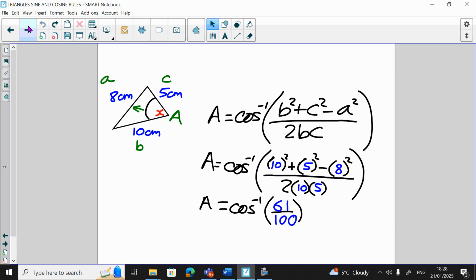That's okay. So at this point here, this is where we go for the calculator. The shift cosine, second function cosine. So as long as this appears in your calculator, it will give you a bracket. 61 divided by 100. Close the bracket. Equals 52.4. I'm always chopping and changing the number of decimal places I'm going for.